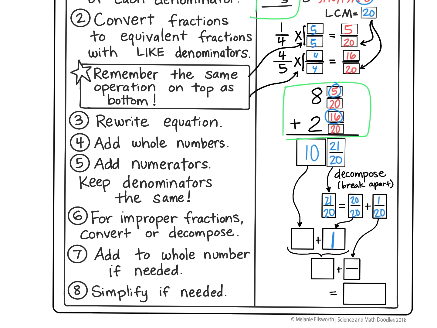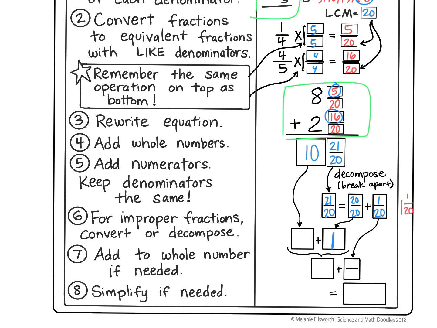That's exactly right. So when I'm decomposing that, I'm pulling out a whole, however many wholes I can. In this case, it's just one whole. Okay, because I had 21/20. So it's basically like converting that to a mixed number. What is 21/20 as a mixed number if I wrote it that way? It would be 1 and 1/20.